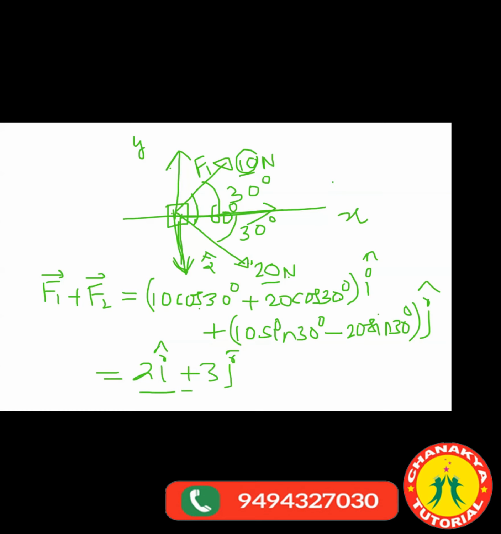Then the magnitude will be under root of x component square plus y component square, 2 square plus 3 square. This will be your magnitude. For direction, you just divide this vector by the magnitude, under root of 2 square plus 3 square. If you do, you will get the direction.